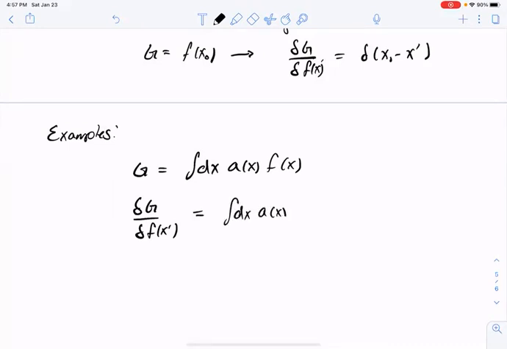It doesn't act on a of x, and I get the derivative of f of x with respect to f of x at x prime. That is equal to the delta function x minus x prime. Under the integral, that delta function eliminates the integral and pulls out a evaluated at x prime.